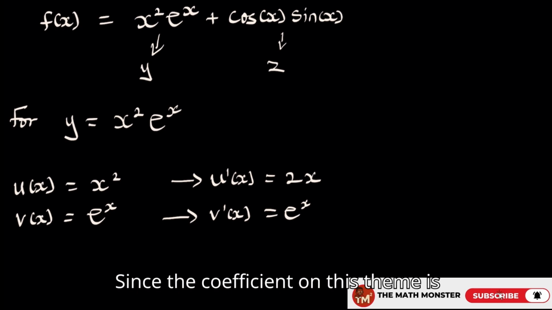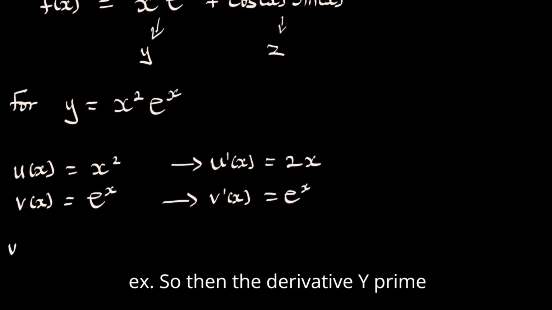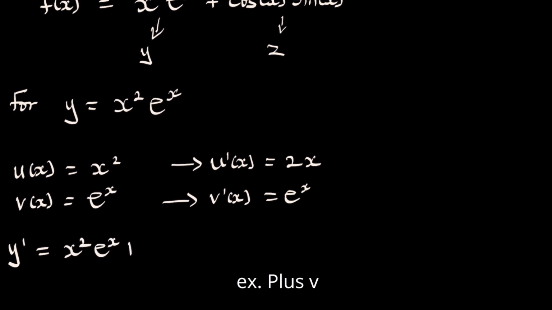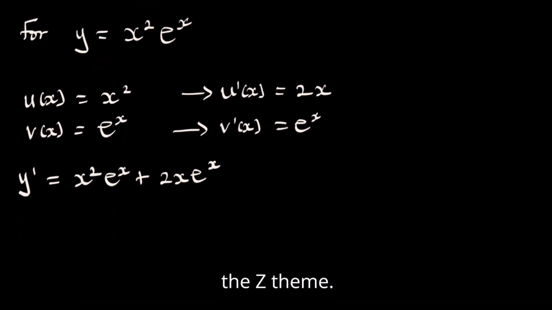Since the coefficient on this term is 1, it will just be 1 times e^x. So then the derivative y prime will be giving us u times v prime. So that will be x squared e^x plus v times u prime. That's 2x e^x.